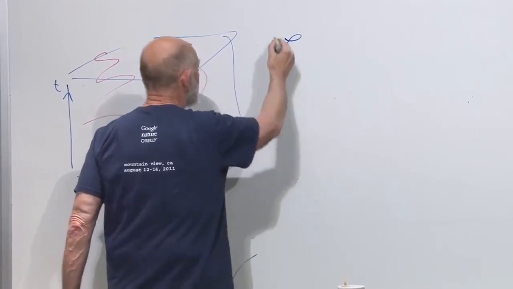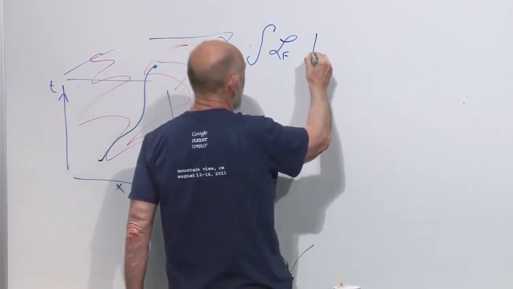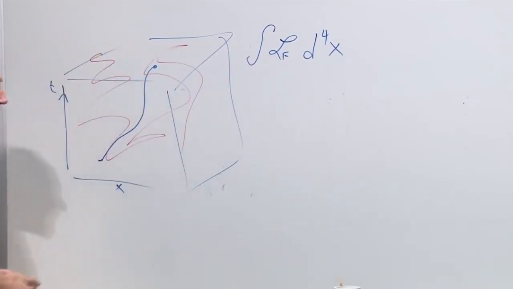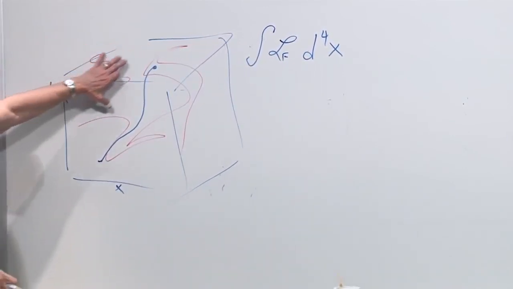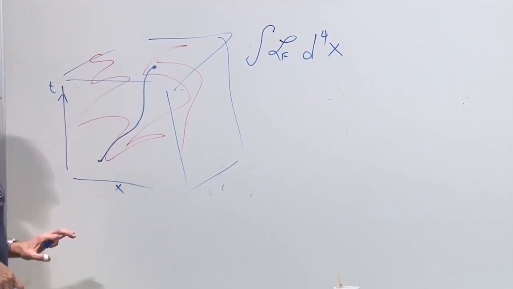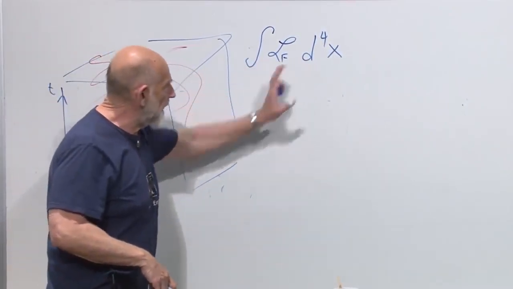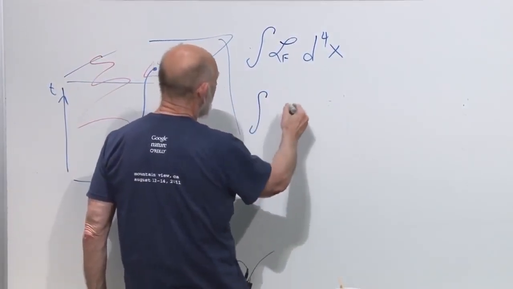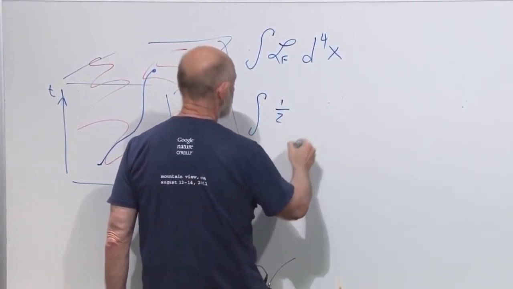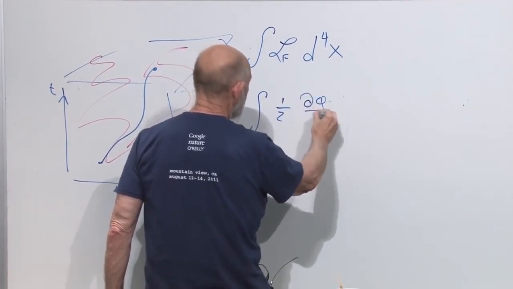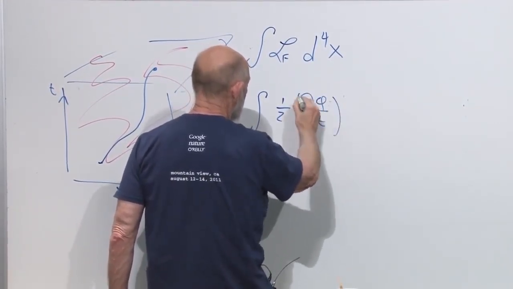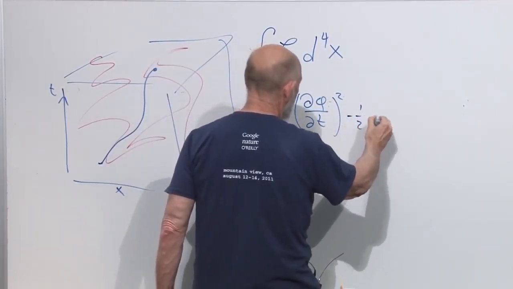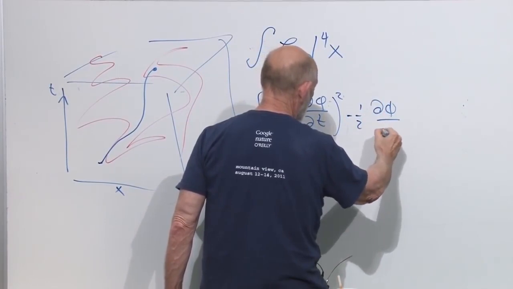The full action is the integral times d4x. d4x means dt and dx. It's an integral over the whole space-time region, x, y, and z, and t. And the thing we wrote down last time was the integral of 1/2 partial of phi with respect to t squared minus 1/2 partial of phi with respect to x squared.